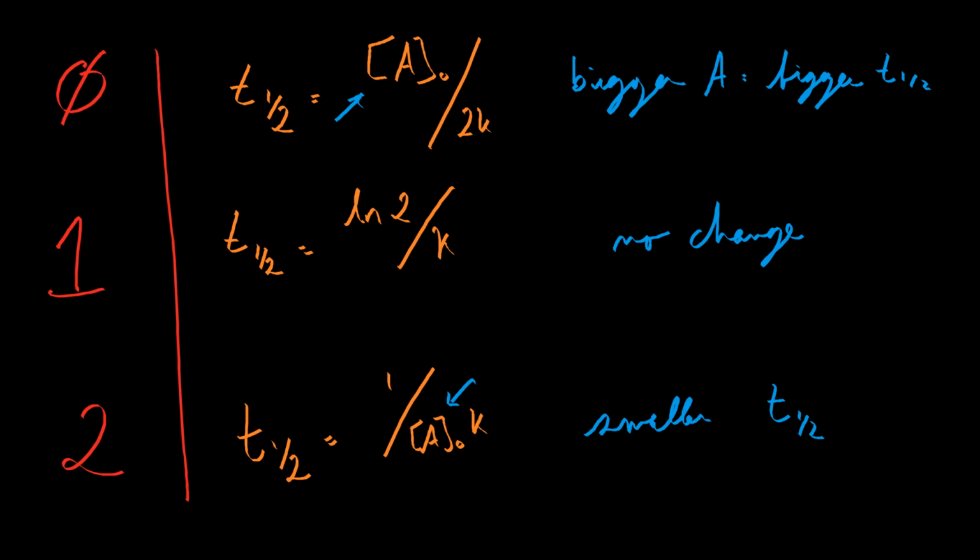For a second order reaction, the reaction rate increases as the square, not just directly, but as the square of the concentration. So having more stuff present means the reaction rate has gotten even bigger, even faster. So you have a shorter half-life as you have more stuff. The reaction slows down more as you get less stuff present.